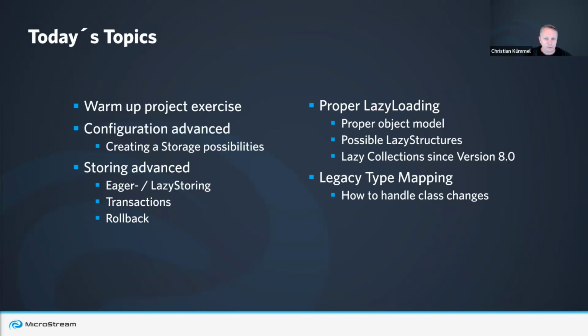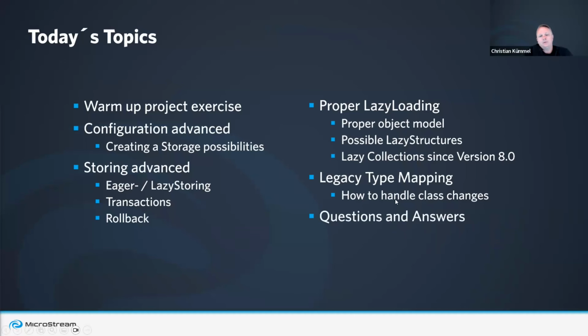Then we also talk about legacy type mapping. That's also always a huge question: what happens when my classes are changing, and how can we handle that? That is covered by the legacy type mapping. And there is one topic missing.